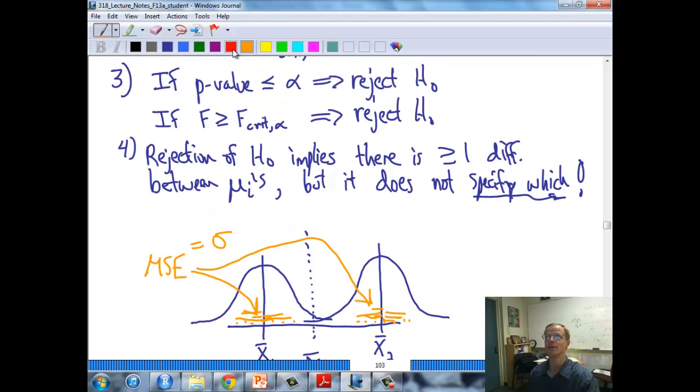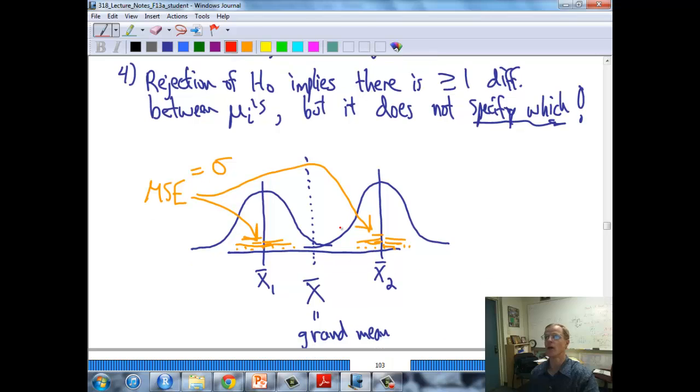Now, there's another variation. And that other variation is this mean to the grand mean and this mean to the grand mean. If there was a third group, like we have in the example, I could sketch out another curve. Maybe it's closer into the middle of those, maybe not. But again, I'm going to have these points. They all have some distance from the center.